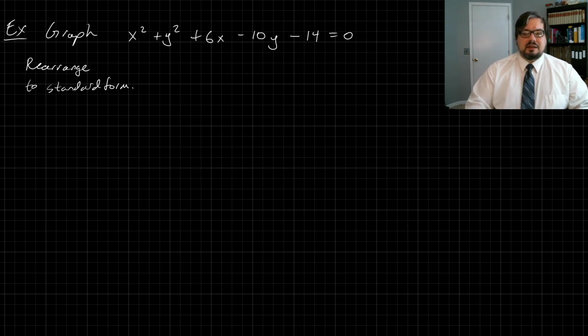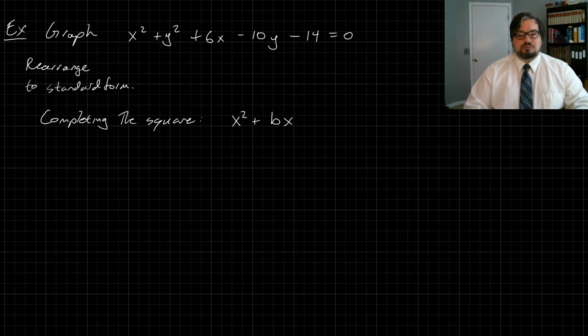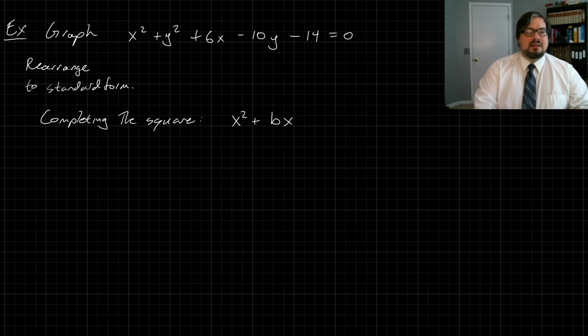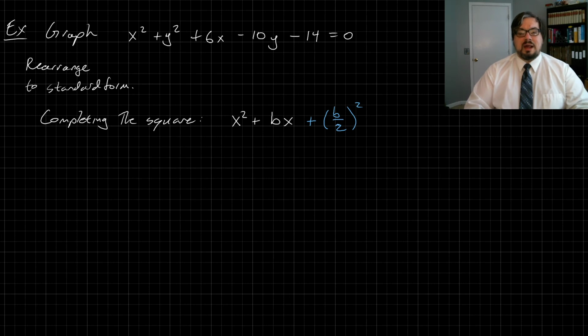So the general process of completing the square looks like the following. If I have x squared plus bx for some number b, and if I manage to add the expression b over 2 squared, then that expression is actually a perfect square.